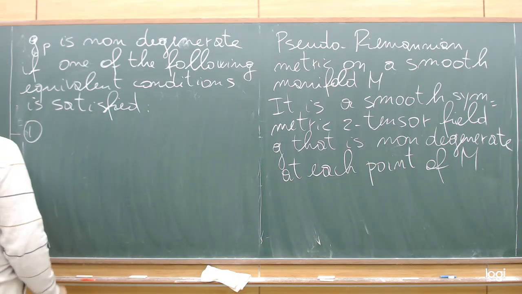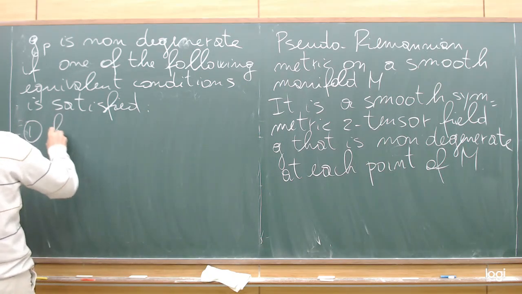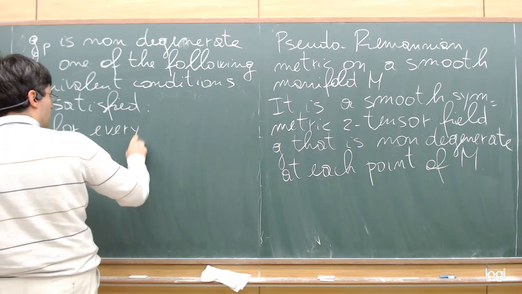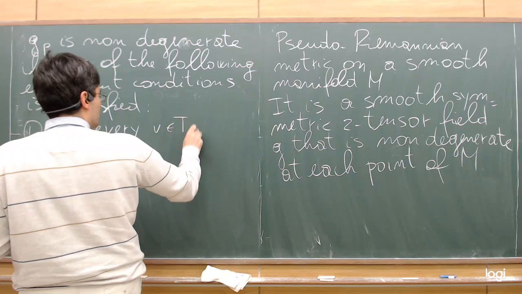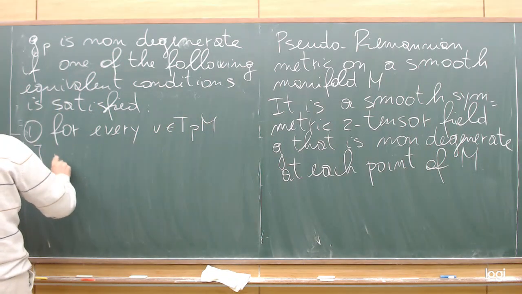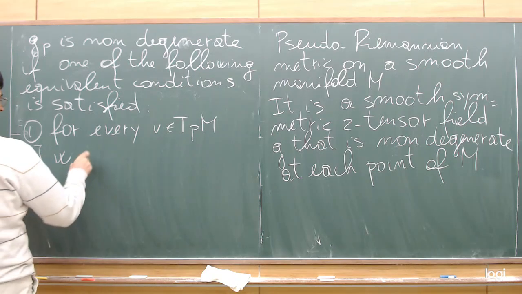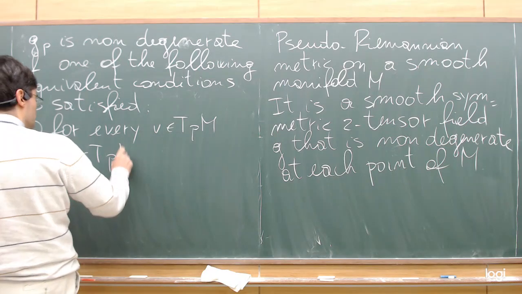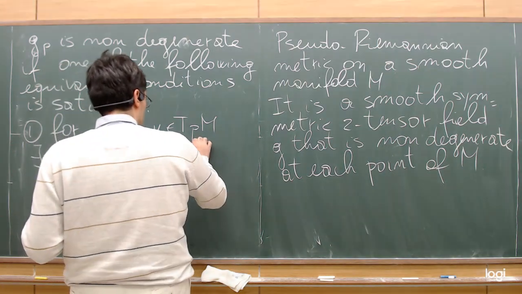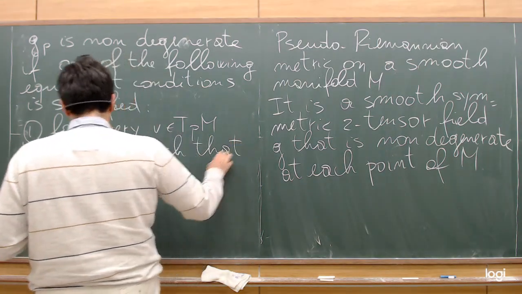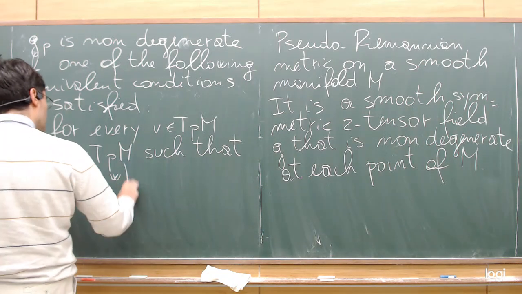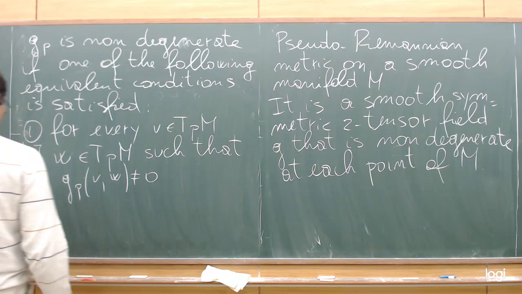One, for every v in T_pM, there exists w in T_pM such that G_p(v,w) is non-zero.